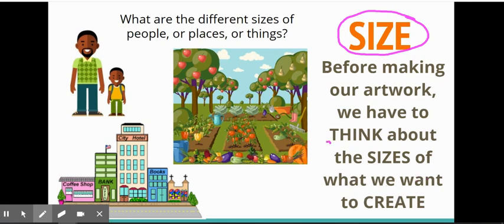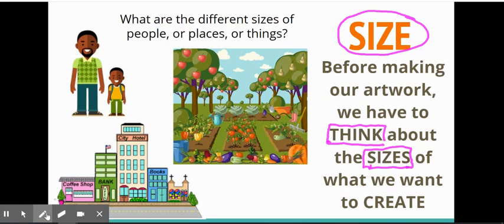Remember how I talked about planning before we create something? That's what I'm talking about. You don't want to go into your drawing or your painting not knowing anything of what you want to do. Remember, we plan it out and we sketch it out. We sketch out the sizes and everything that we want going on so that our drawing is the best that we can make it. So let's think about some of the different sizes of people, places, and things.